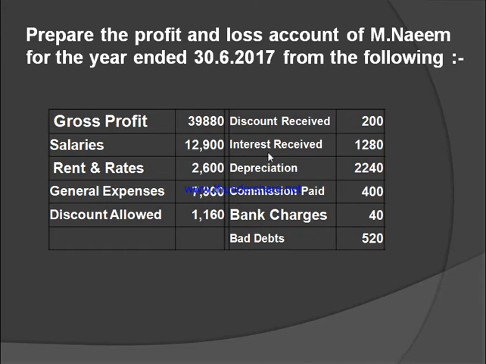So these will be recorded on the credit side of the profit and loss account. Then again, depreciation, commission paid, bank charges, and bad debts. These are again four expenses which we write down on the debit side of the profit and loss account.